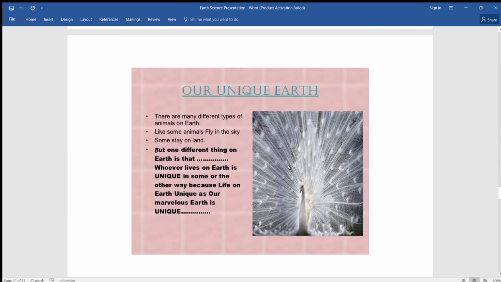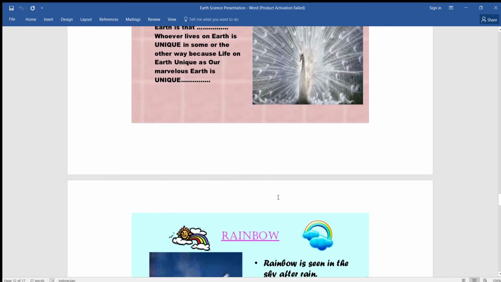Okay. There are many different types of animals on Earth. Like some animals fly in the sky, the birds, di ba? Some stay on land. But one different thing on Earth is that whoever lives on Earth is unique in some way because life on Earth is unique as our marvelous Earth is unique.